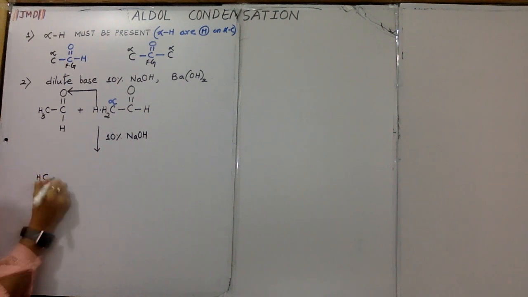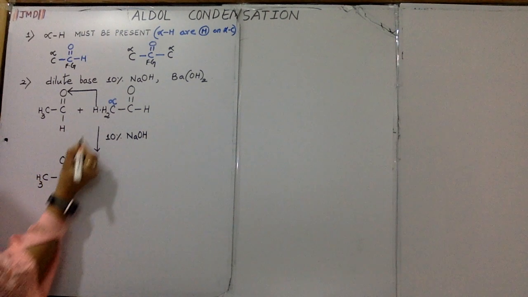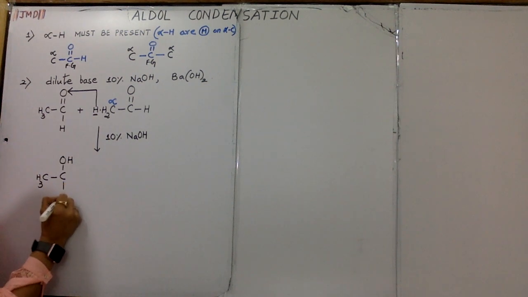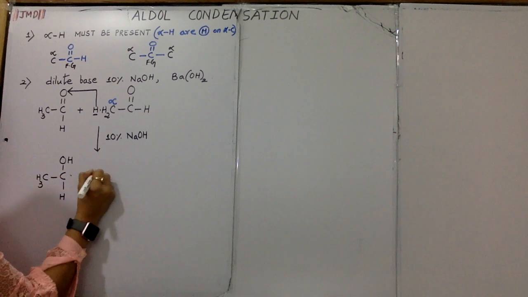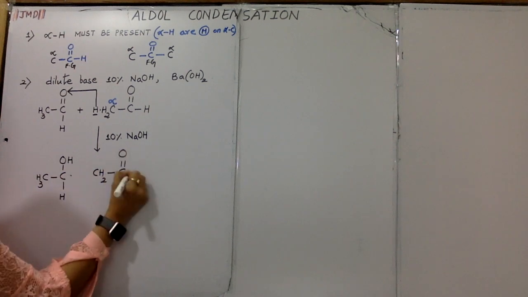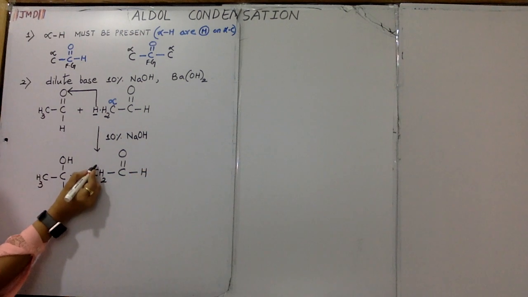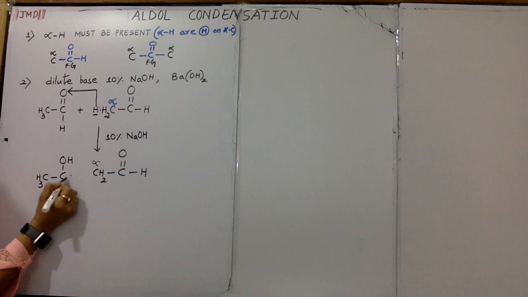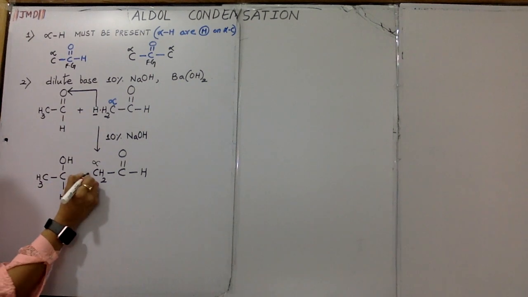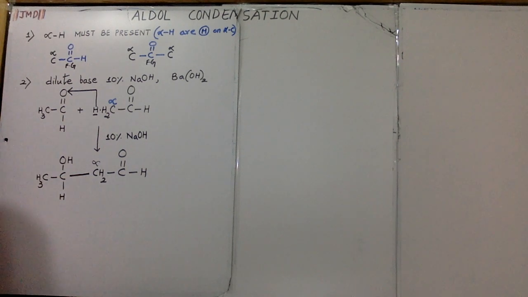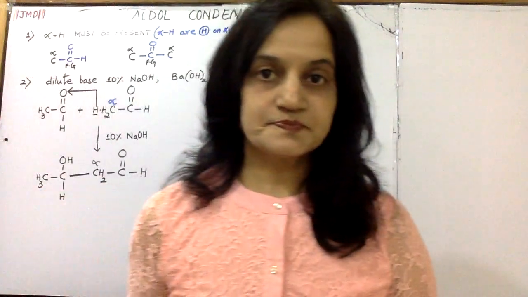Now we get CH3CHO. This H comes here, down a H, and we will think what happens now. See, this alpha carbon has one valency unsatisfied, and this carbon also has one valency unsatisfied. So a new carbon-carbon bond is formed to satisfy their fourth bond.